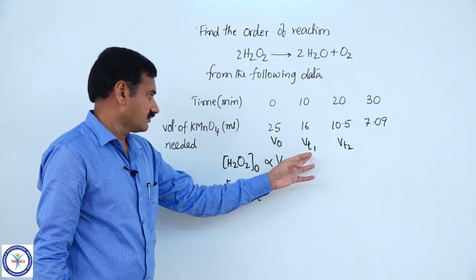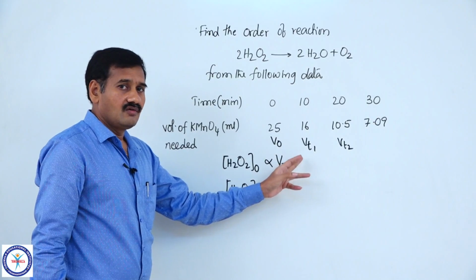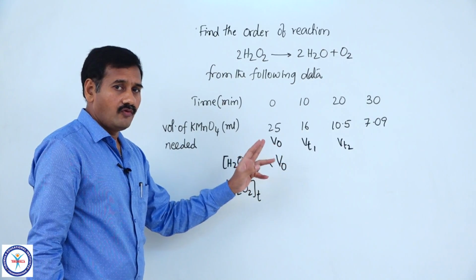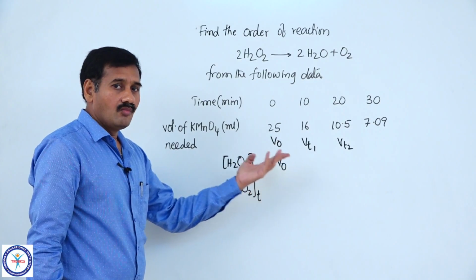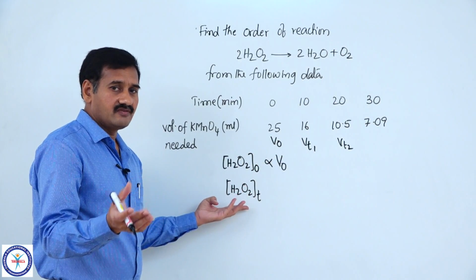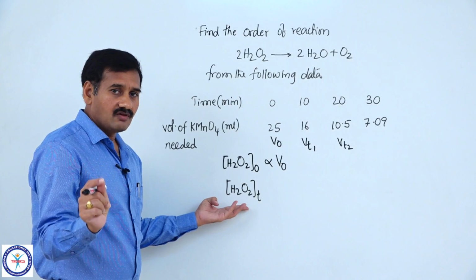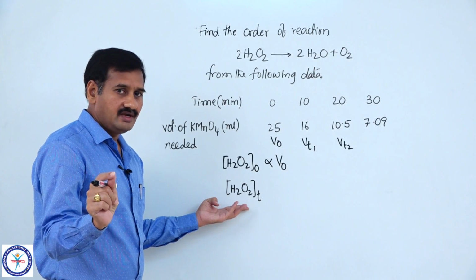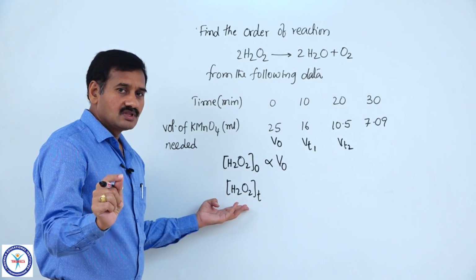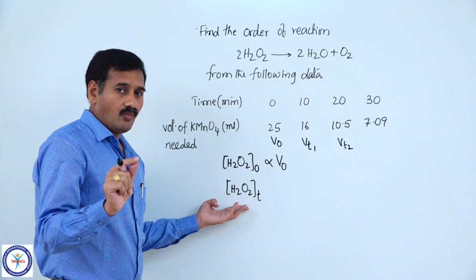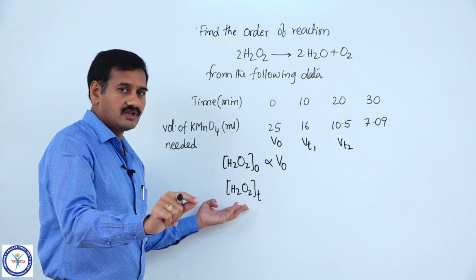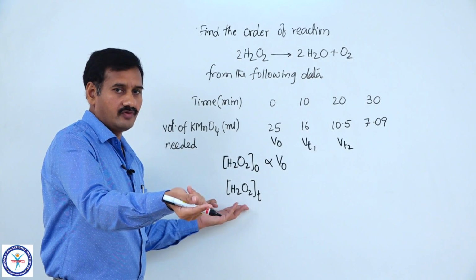Vt. At time t, if the volume of KMnO4 required is more, we can say that more hydrogen peroxide is left in the conical flask. Whatever the volume of KMnO4 required is proportional to the concentration of hydrogen peroxide left in the conical flask. If more H2O2 is left, more volume of KMnO4 is required.